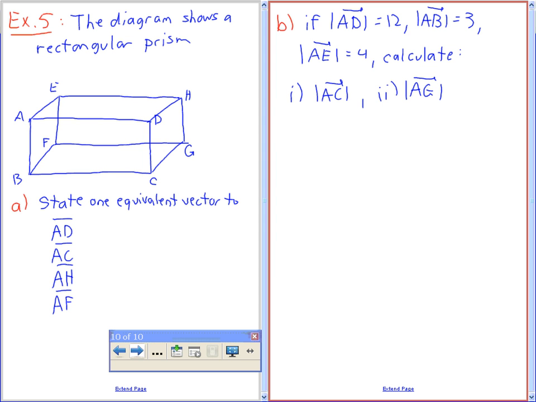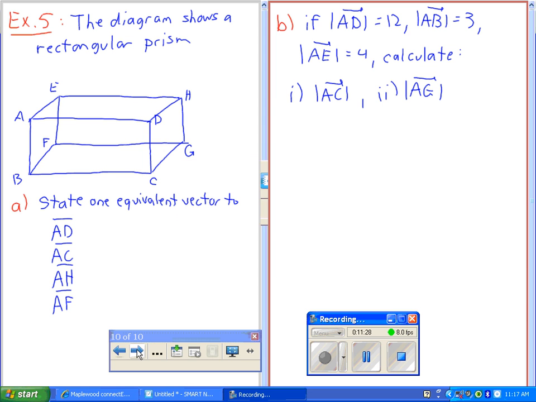It should look a lot like grade 11, it's the same as this in grade 11. I'm going to hit pause here, or stop.